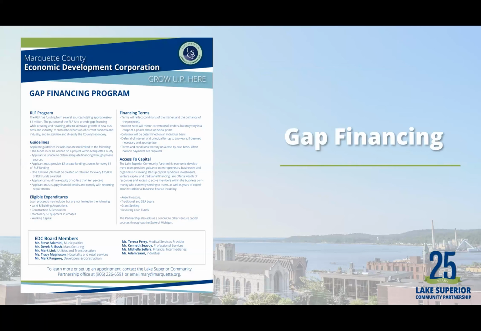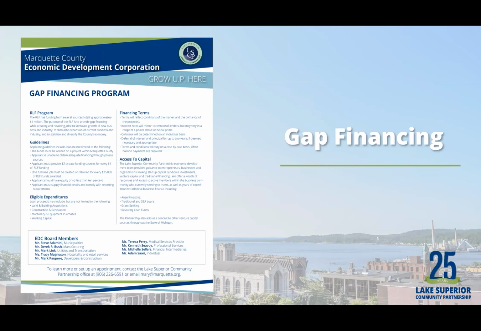So with around $90,000 available to lend at this point in time, this revolving loan fund is to provide the gap financing while creating and retaining jobs to stimulate growth of new business and industry, to stimulate expansion of current businesses and industry, and to stabilize and diversify the county's economy.